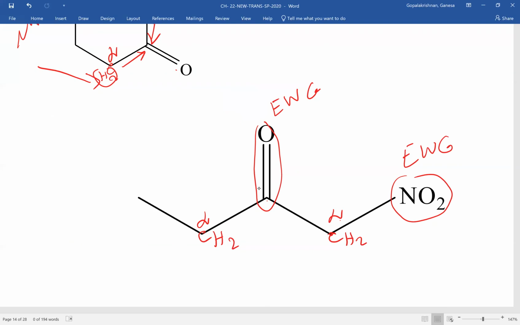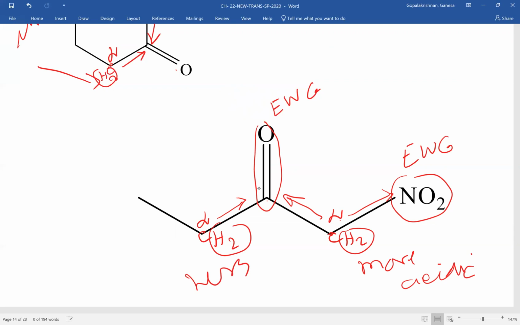But this one is subjected to the inductive effect from only the carbonyl group, while this is subjected to influence from two, so these two will be more acidic. This will be just acidic, less acidic.